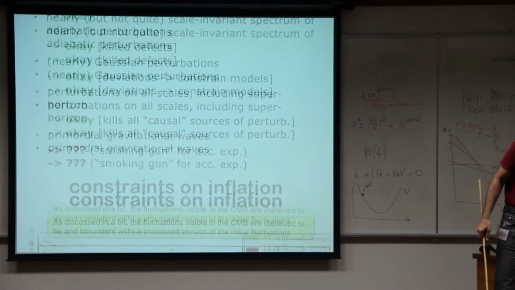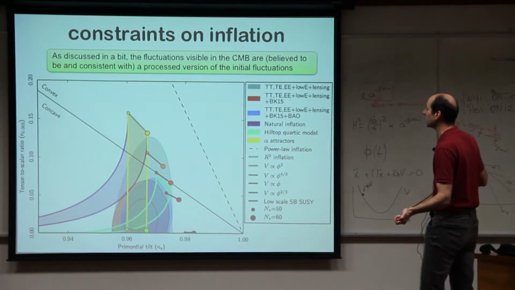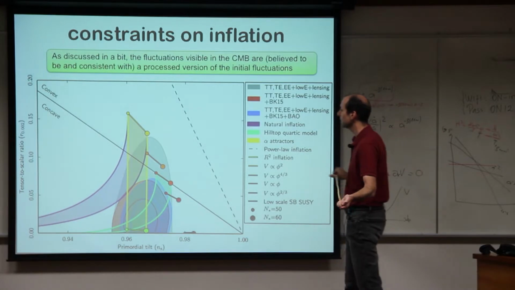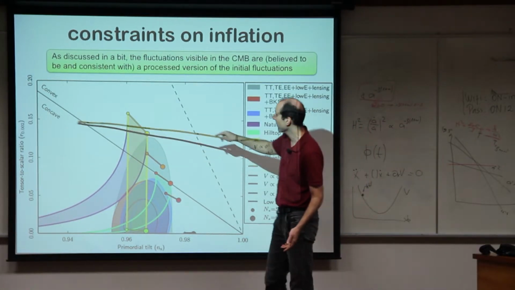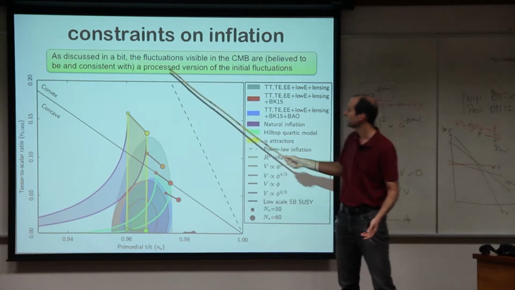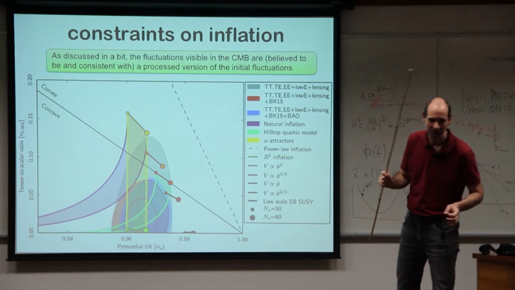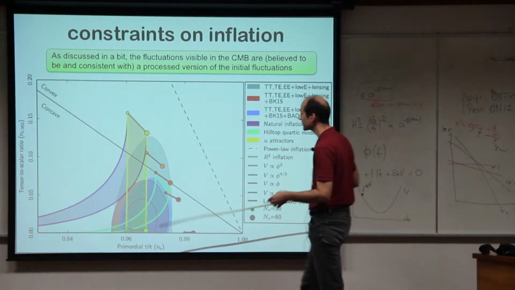And so this is just a slide to show a bit what we think we know about the initial perturbations. And so this is the amount of gravitational waves. So this is from the cosmic microwave background, because the cosmic microwave background literally takes a picture of the initial perturbations sometime after inflation.